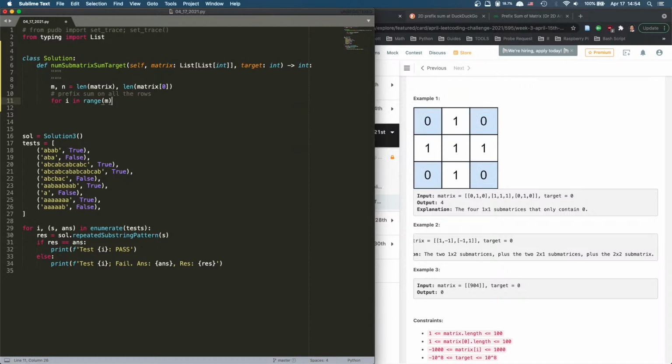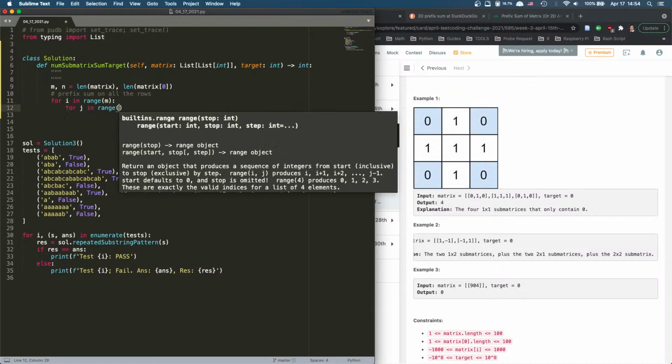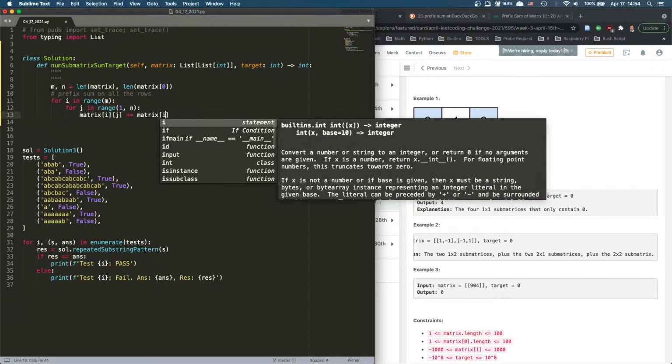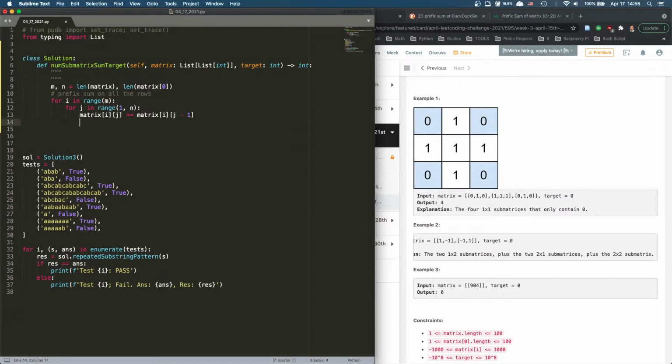So for i in range m, and for j in range n, and then actually it's going to be 1 to n, because the front one we don't have the count. So matrix i j plus equal to matrix i and j minus 1, right? So that's the prefix sum of each row.